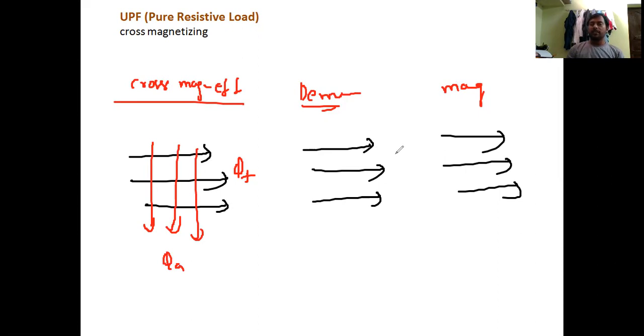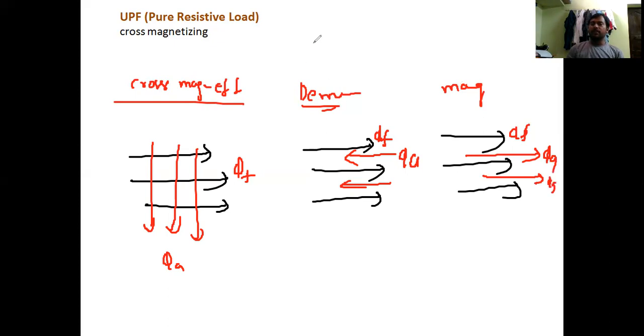For demagnetization, I'm writing it exactly opposite. So this flux is phi a, and this is phi f, the field flux. Magnetization effect is when the armature flux phi a is like this.